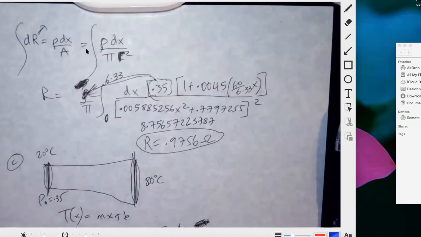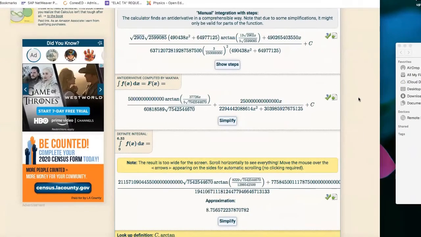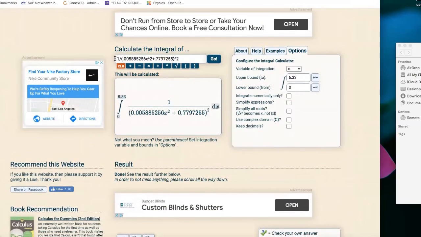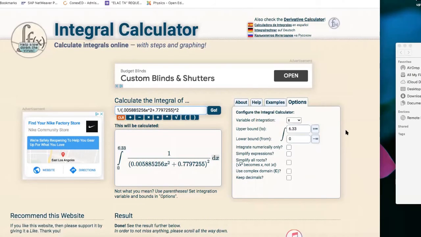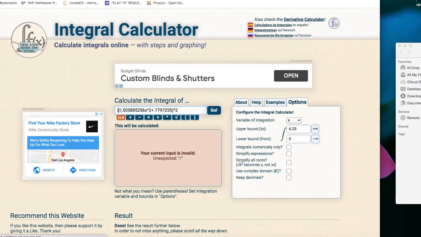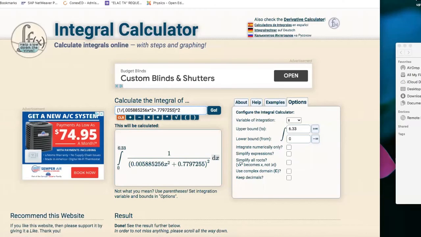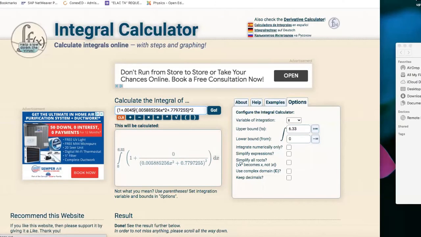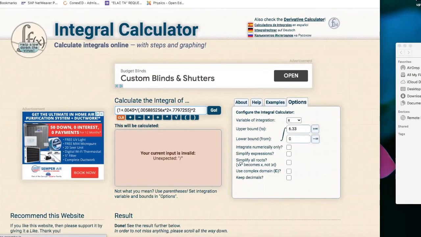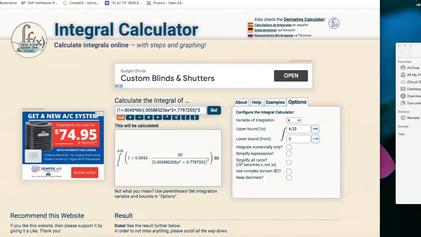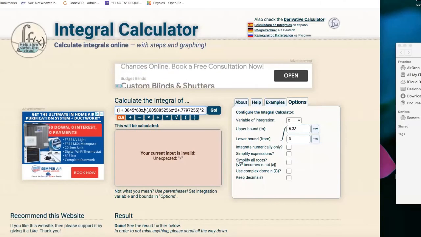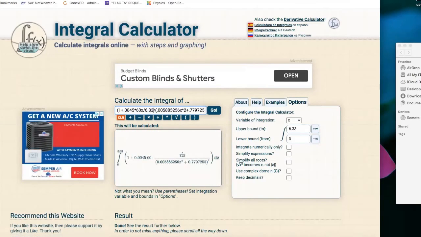But since the resistivity is increasing, so on the top, you're going to have 1 plus 0.0045 times 60x divided by 6.33.